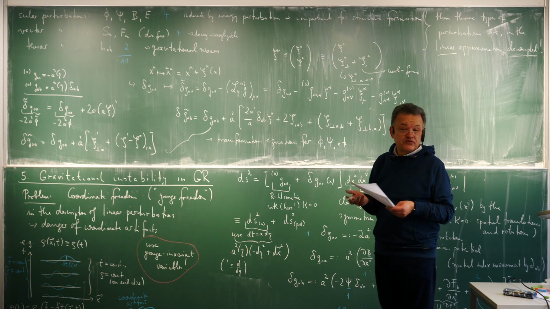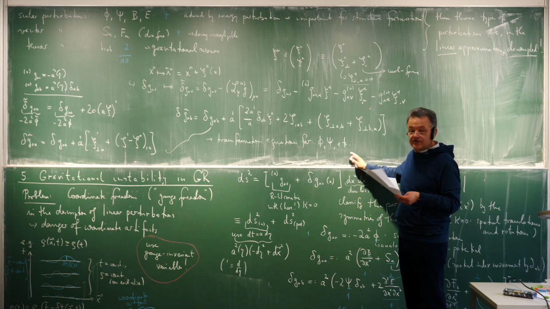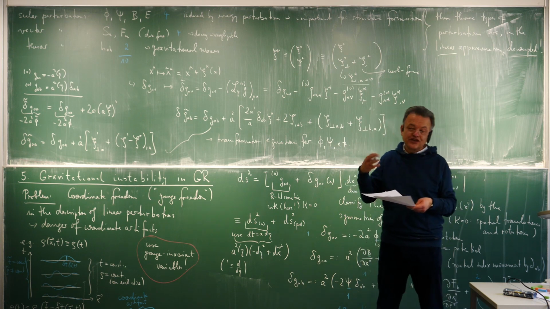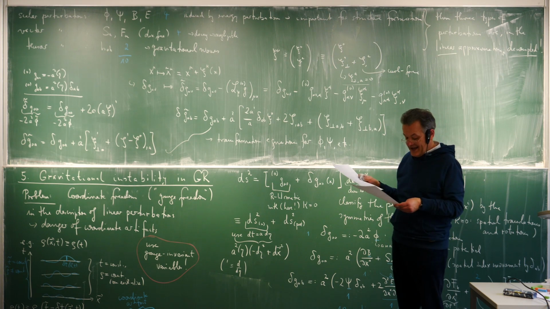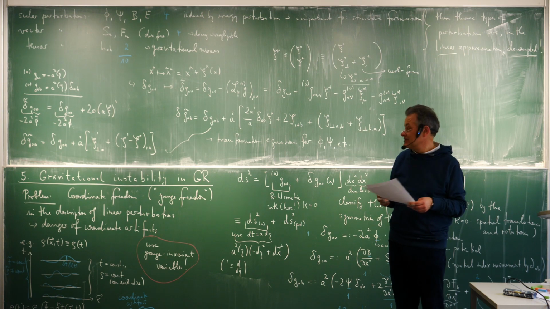So next time, which will be the last lecture of the course, I will write down these transformation equations after a brief review, and I will then form gauge invariant combinations, so-called Bardeen potentials, and with them I will then discuss the perturbation equations.